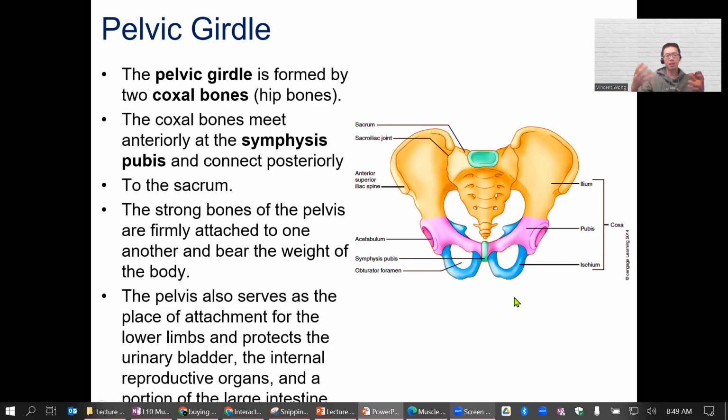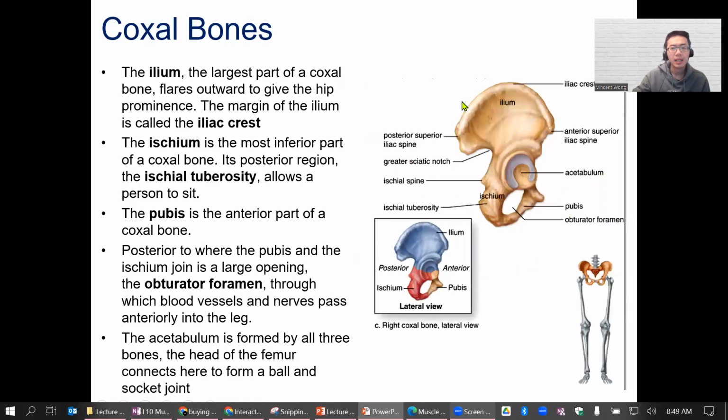It serves as a sort of protection as well, right? For the urinary bladder, reproductive organs, and even the lower portion of the large intestine. So that's just to show you the coxal bone when it's removed.